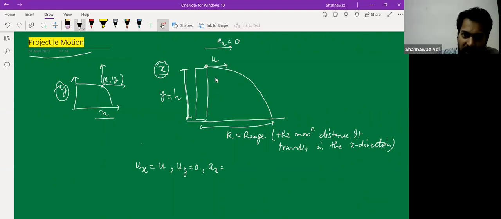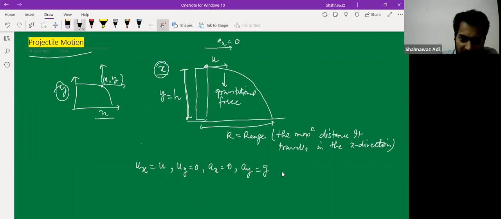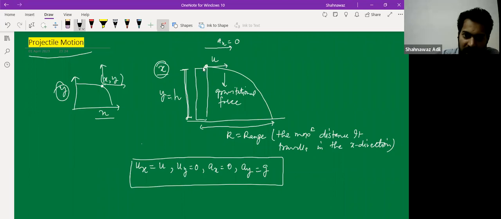So there is only one force which is pulling it downward, and that is the gravitational force. So this is 0, and you only have acceleration in the direction of gravity. So your g is positive, right? So only this information for this kind of projectile motion, right?